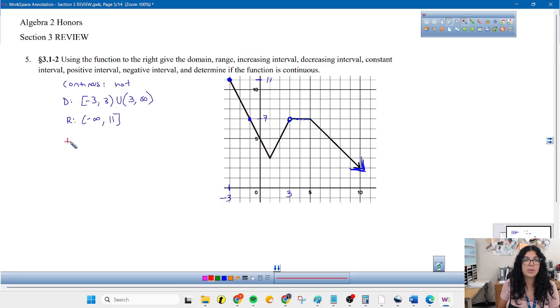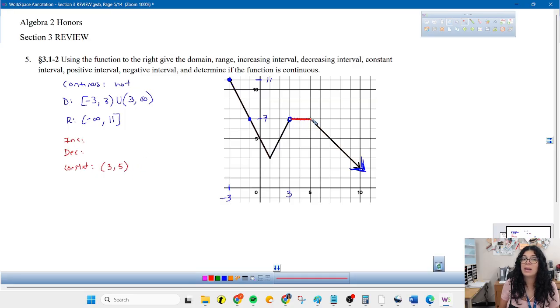All right, next let's go ahead and do increasing, decreasing, and constant. Okay, this time we do have a constant piece, which is this horizontal piece right here, which is between 3 and 5.